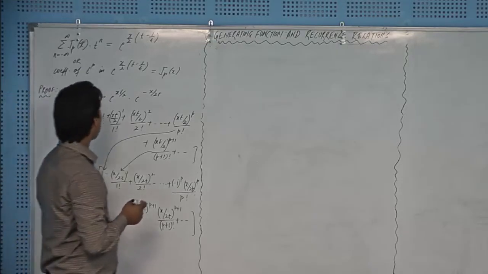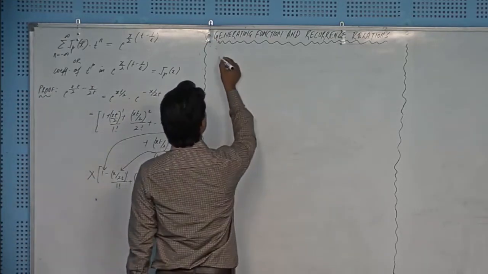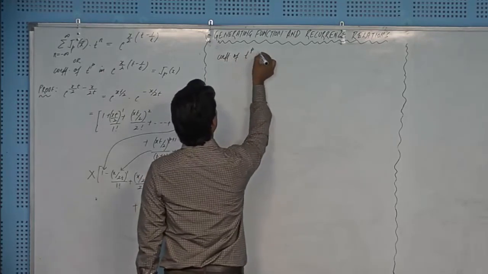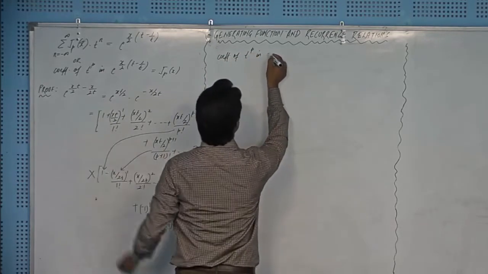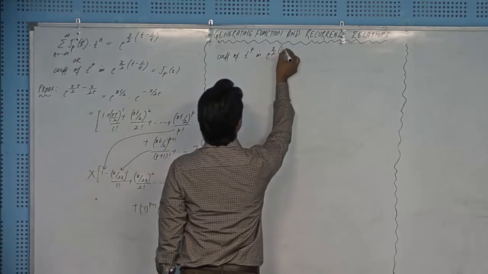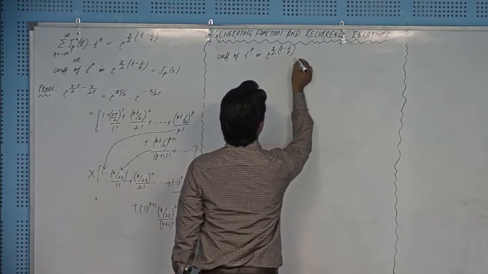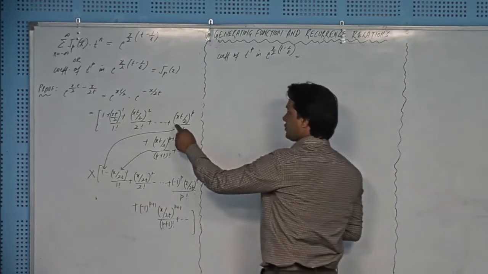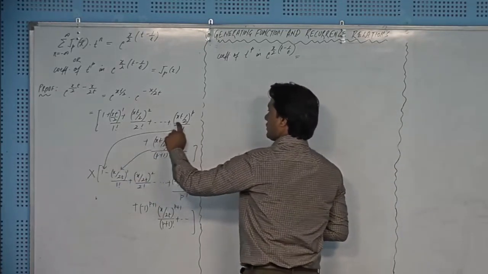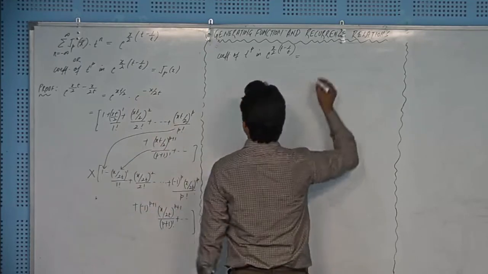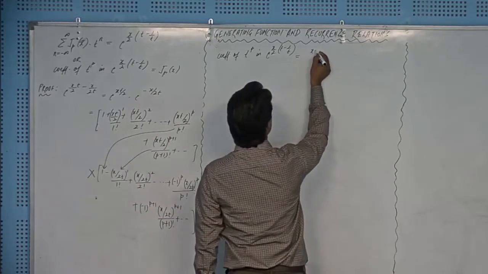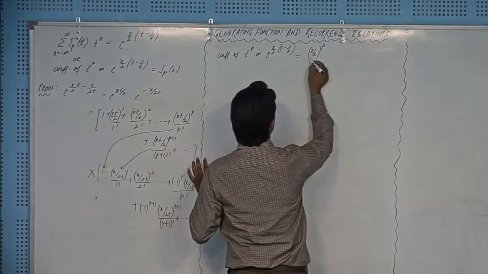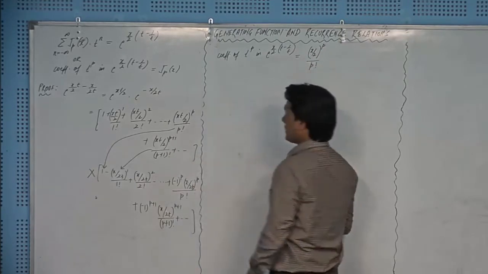So writing the coefficient of t to the power p in this expansion, e to the power x/2 (t minus 1/t), the first coefficient will be the coefficient of these two terms when you have their product, that will be (x/2) to the power p divided by p factorial, right?